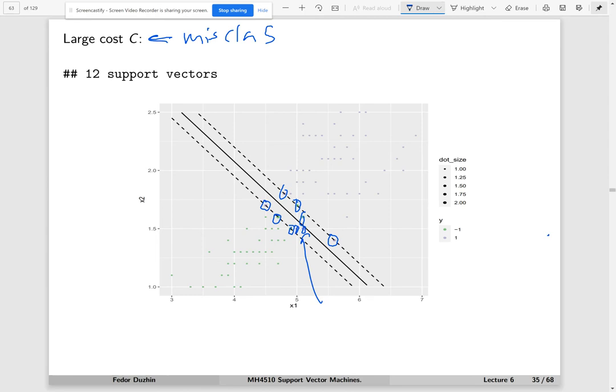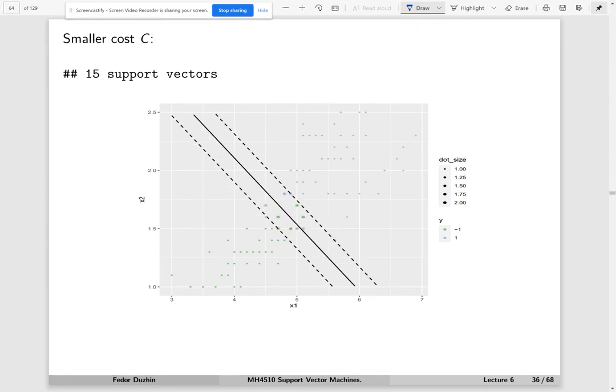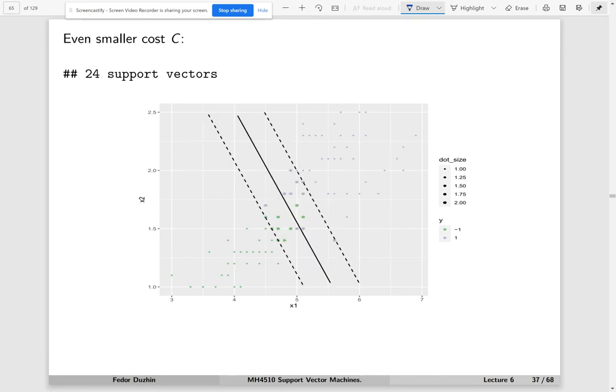If you make the cost a little bit smaller, then margins become wider. And at the same time, there will be more room between the margins, so there will be more vectors inside the margins, and they are support vectors. By the way, misclassification is only allowed within the margins.